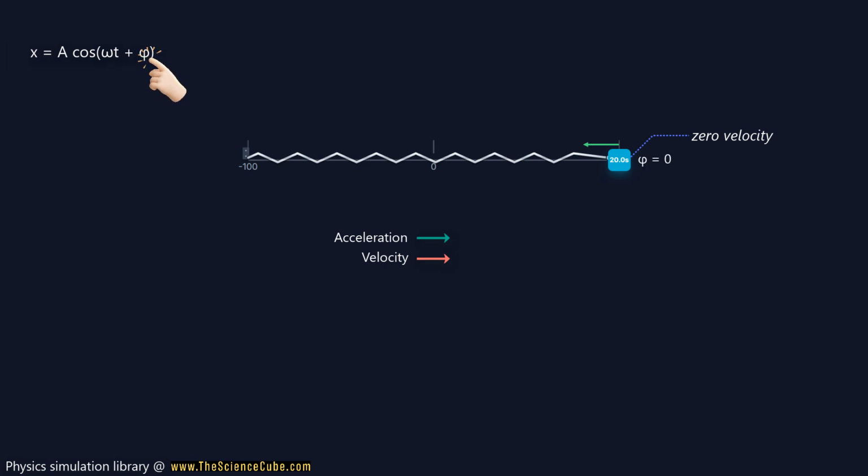Now, at this instant, the mass is at rest, or velocity is 0. However, it is quite clear that the spring is fully stretched. That means the spring is pulling on the mass to its max and therefore offering maximum force, which means acceleration is also in this direction and at its maximum.